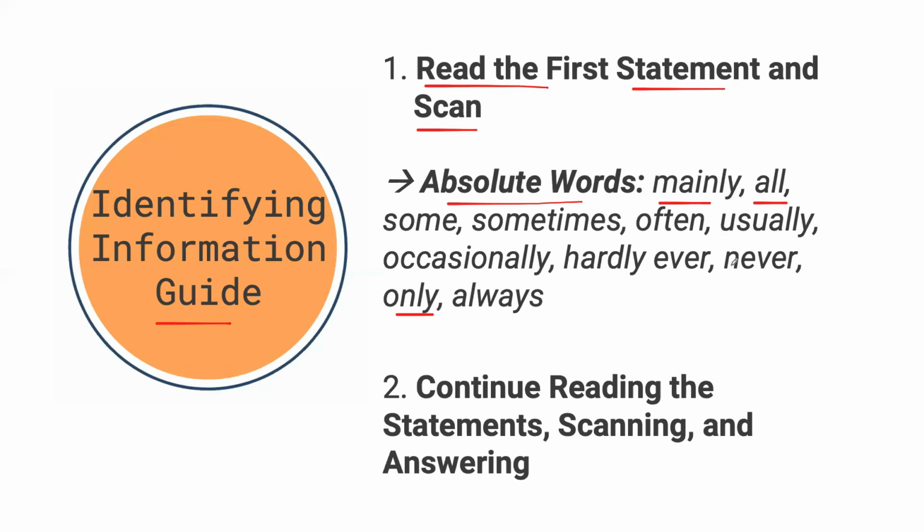So going back to our previous example, if I were to say something like, Barmount County city workers collect all trash on Sundays, that's a lot different than saying Barmount County city workers collect some plastic trash on Sundays, or Barmount County city workers occasionally work on weekends. So you see that these can really change the meaning of a word, and they come up quite often in the identifying information question.